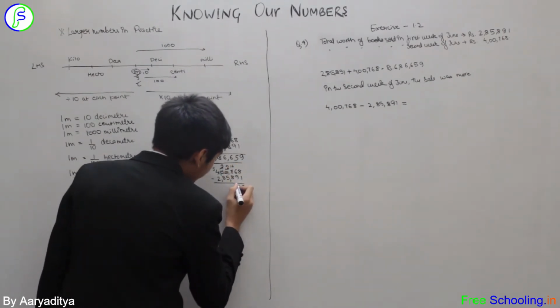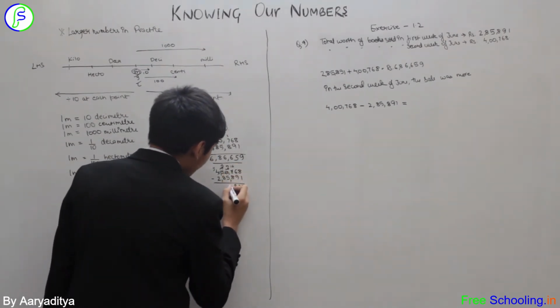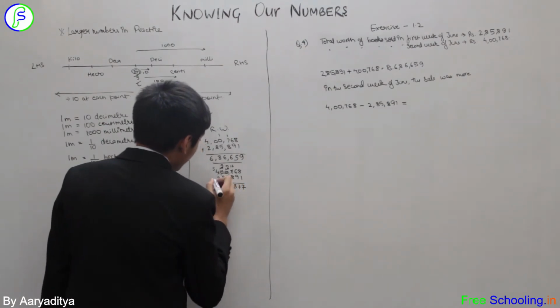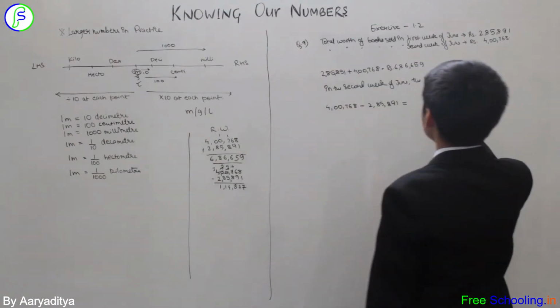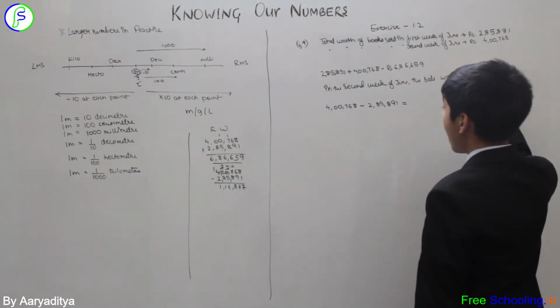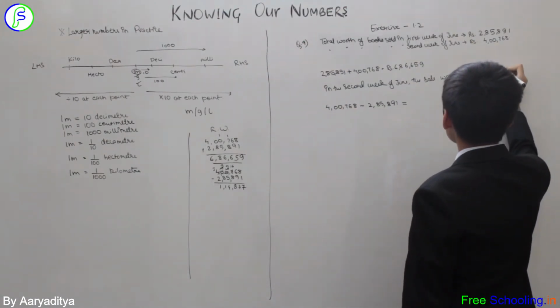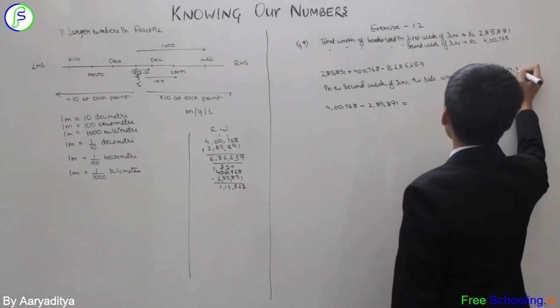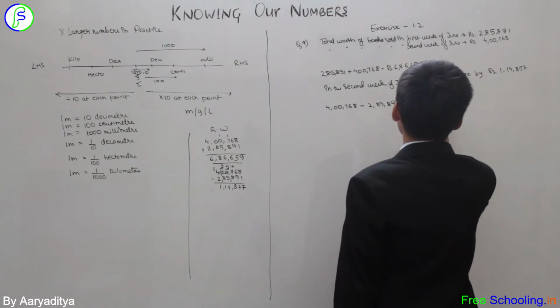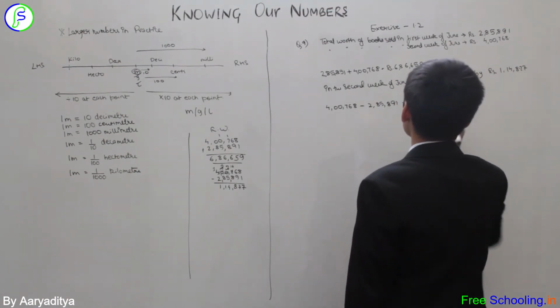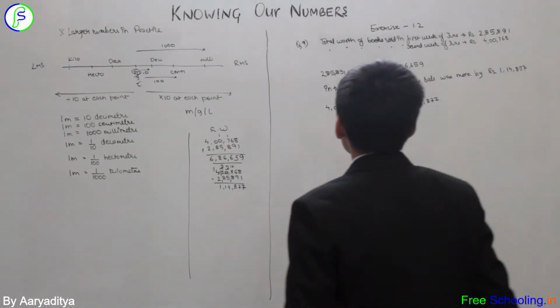So 16 minus 8 we get 8, and 9 minus 5 we get 4, 9 minus 8 we get 1, and at last we also have 1. So in the second week of June, the sale was more by rupees 114,877, which is the resultant right here.